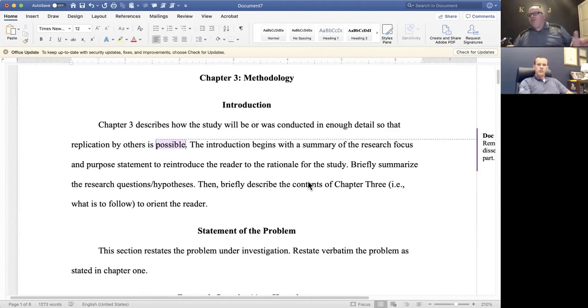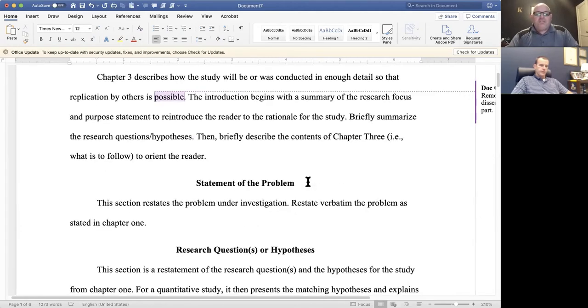Now, we did all this literature review. Bam, bam. This is my purpose. This is my rationale. This is what my research focus is. Research focus is whatever your topic is, just a quick sentence on what your topic is. So don't try to make it any more wordy than it is. You've already done all that. You're just going back and touching on it.